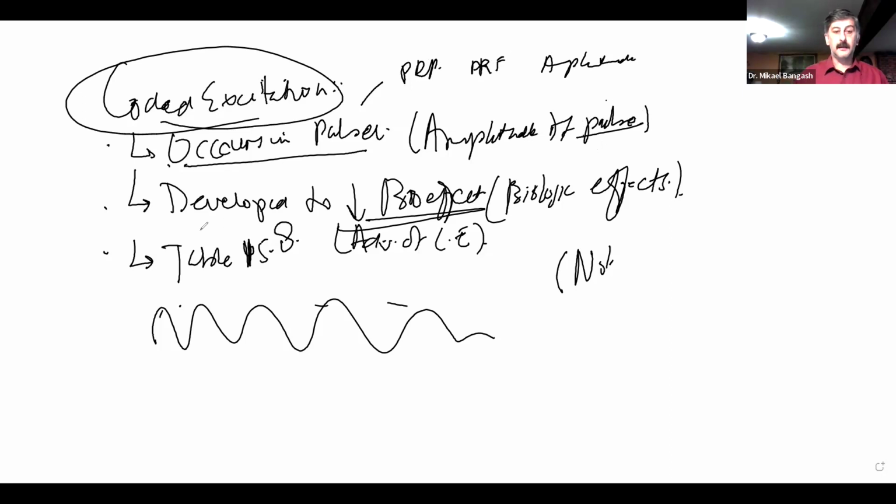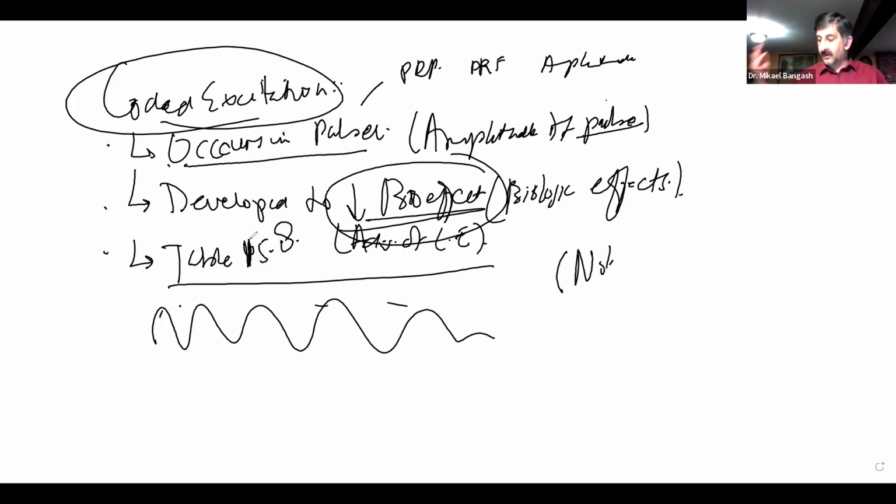Why did they come up with this? To reduce the development of bioeffects. Besides that, what was its main advantage? That's when you have Table 15.8. It says it gives a high signal to noise ratio, improves your axial resolution, improves your spatial resolution, improves your contrast resolution, and deeper penetration.